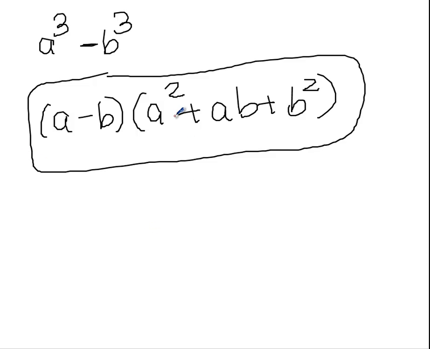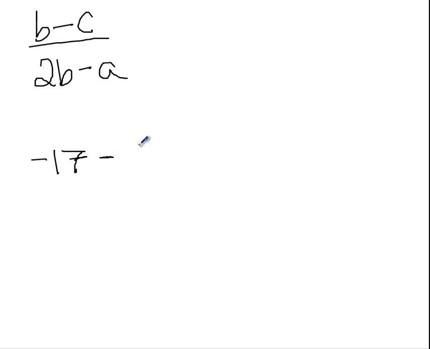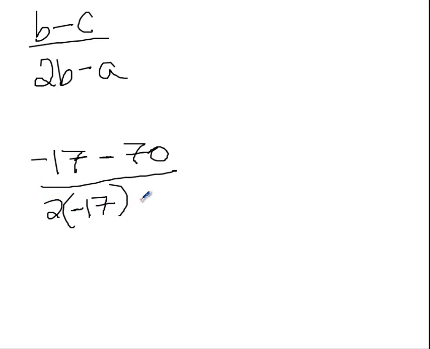All right. And now let's go to the last problem, which is b minus c all over 2b minus a. So for my numbers, I have negative 17 minus 70 all over 2 times negative 17 minus 10.